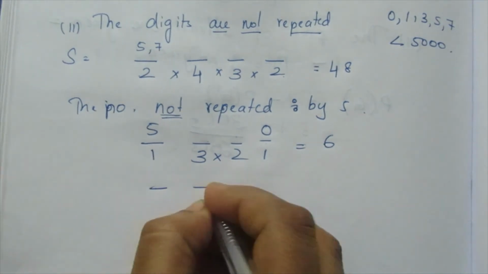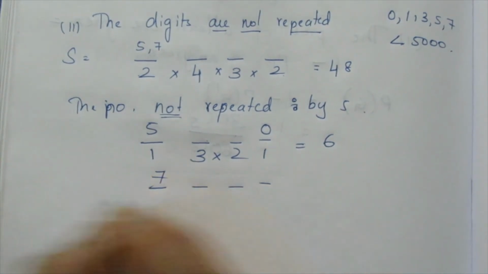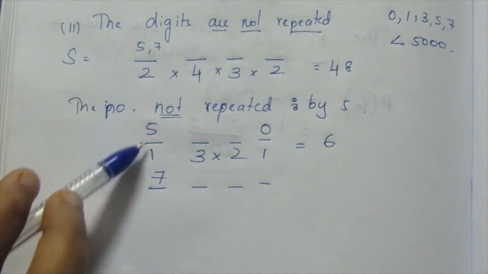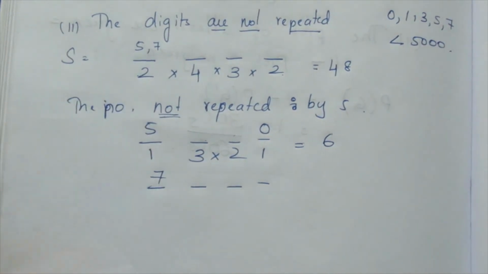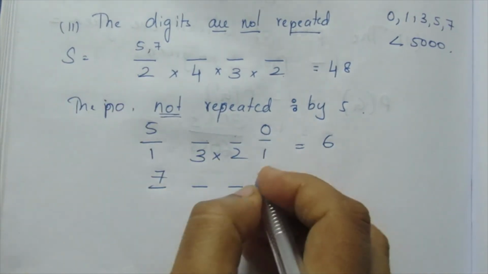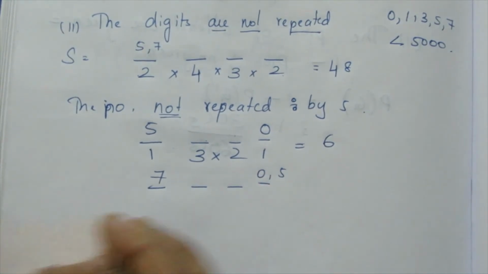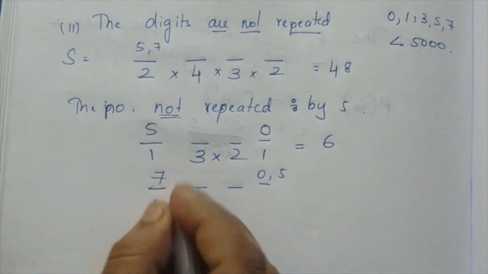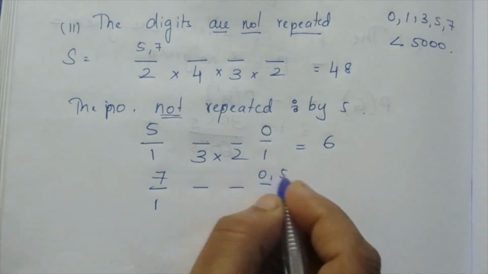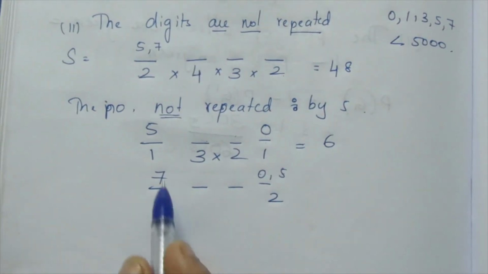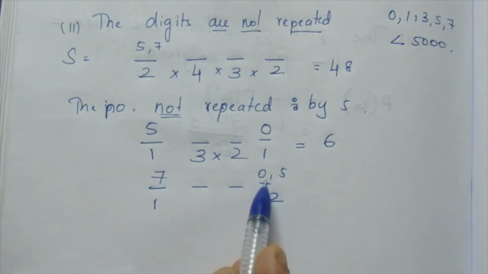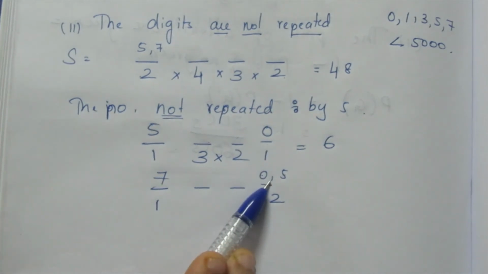Now if I fill it with 7, the first number can be 5 or 7. 5 is already over. Now if I take 7, there is a chance of writing 0 and 5 here. So here only one way, only 7, but here we have 2 numbers to be filled, so it is 2 ways. Though it is 2 ways, we will be filling with only one number.